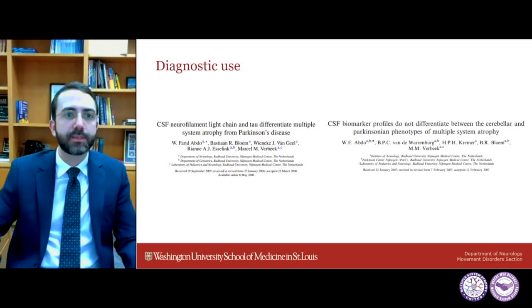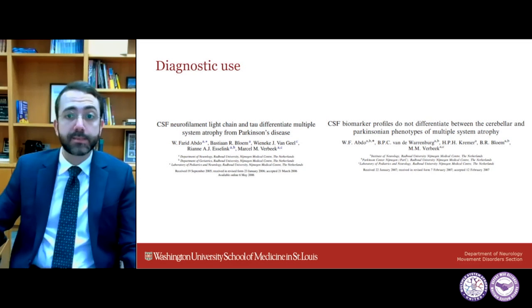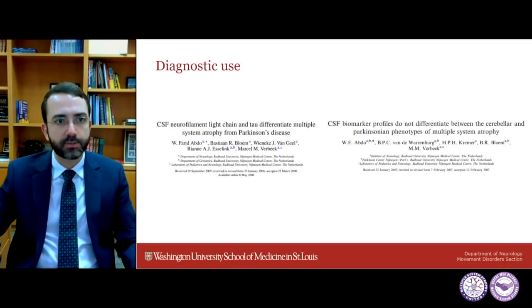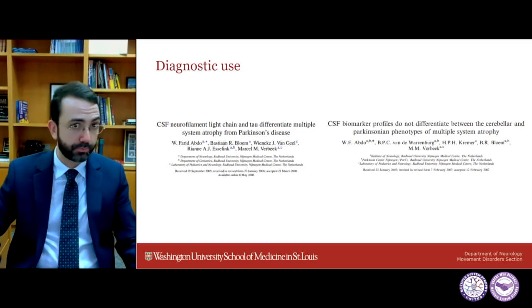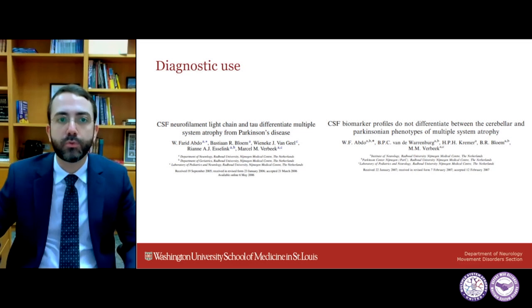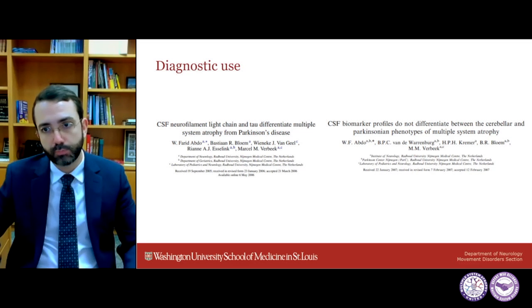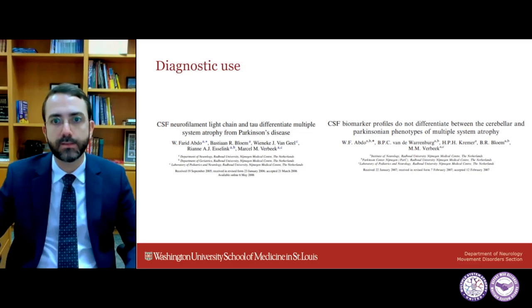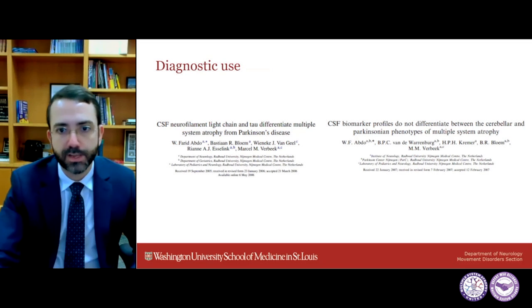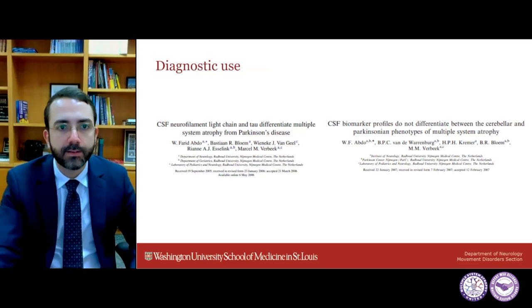This has been subsequently evaluated by several groups, including the Dutch group, that confirmed some of these findings of spinal fluid neurofilament light chain being able to differentiate MSA from other conditions that progress slightly slower, like Parkinson's disease. Over time, several other groups have replicated these findings.